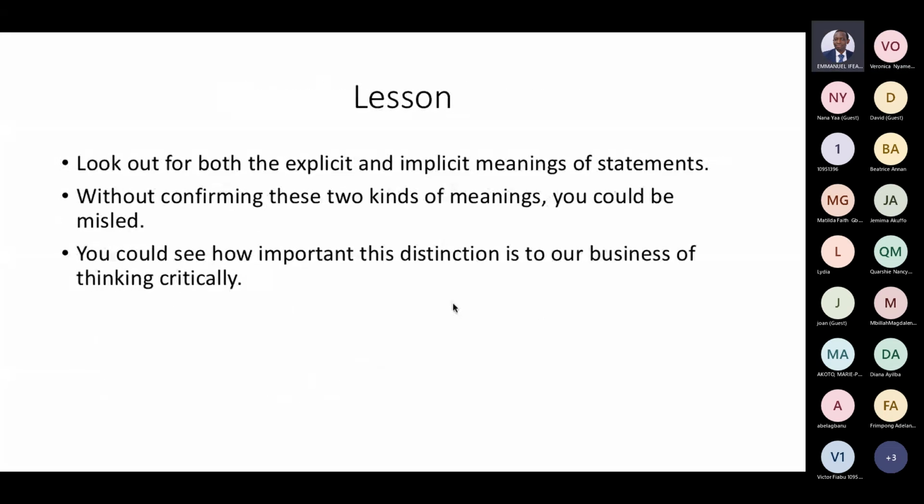So the lesson is that we should be careful when we're looking at sentences. You could be given a sentence to tempt you into concluding it's a factual statement, but if you read the sentence carefully, you could find out that it's actually a value judgment, not a factual statement. So it tells you to be more careful when you are analyzing sentences.